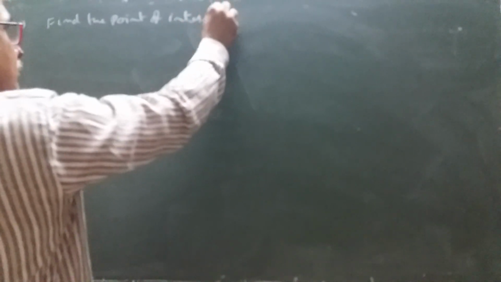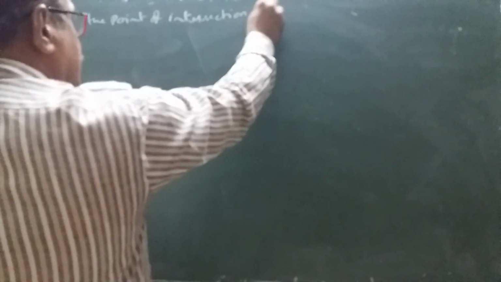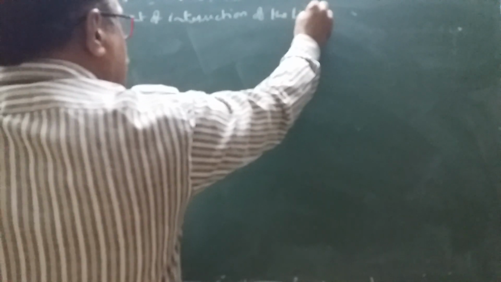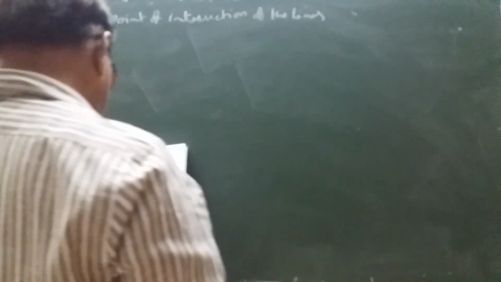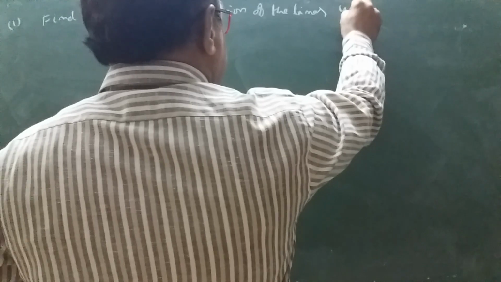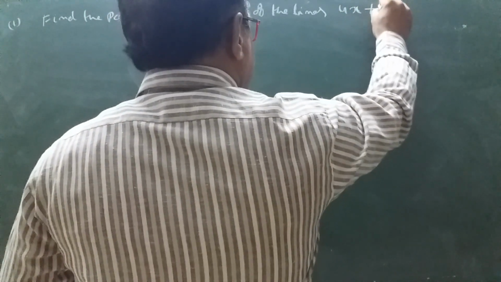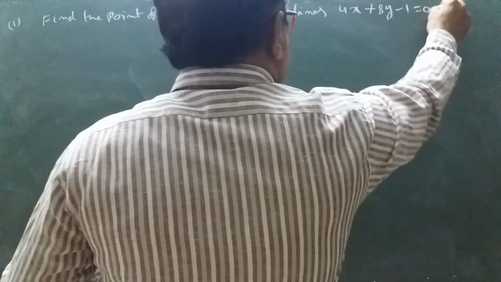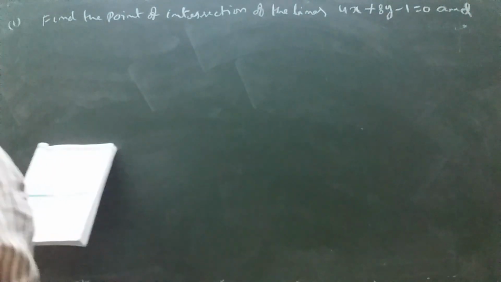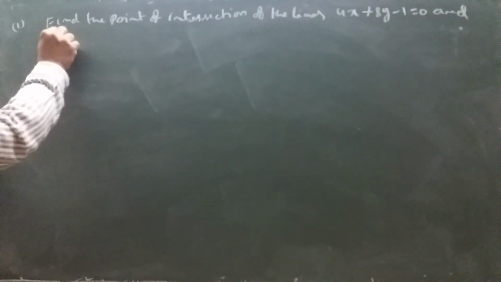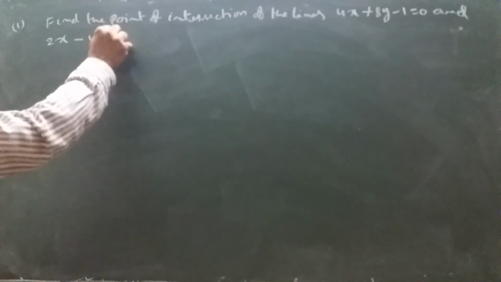First problem is find the point of intersection of the lines 4x plus 8y minus 1 is equal to 0 and 2x minus y plus 1 is equal to 0.